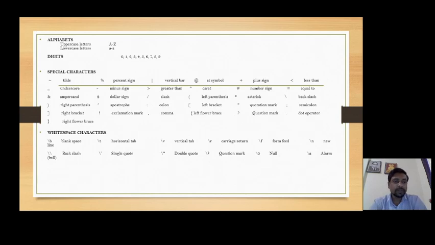Then a few special symbols like tilde, percentage sign, vertical bar, at the rate symbol, plus, less than, equal to, minus sign, question mark, commas, etc. There are some white space characters, like backslash b, backslash t for horizontal tab, backslash v for vertical tab, backslash f for form feed, backslash n for a new line, backslash a for alert, then single quote, double quote, etc.